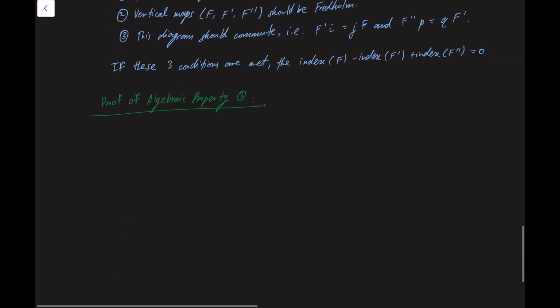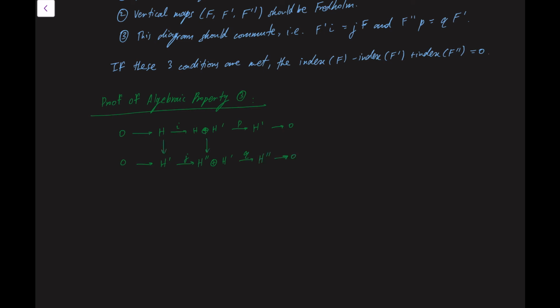The diagram that we're going to consider is the following. 0 mapping to H, which then maps via some map I onto H plus H prime, which then maps via some map P onto H prime, which maps to 0, and a similar sequence, only this time we have primes and double primes instead of no primes and primes.